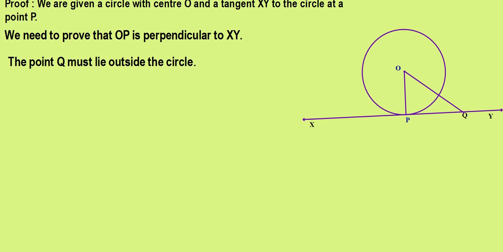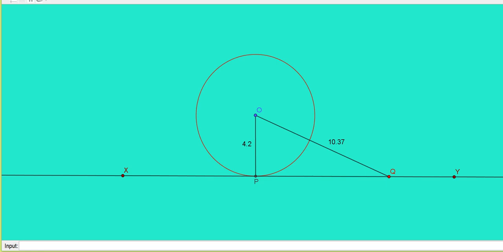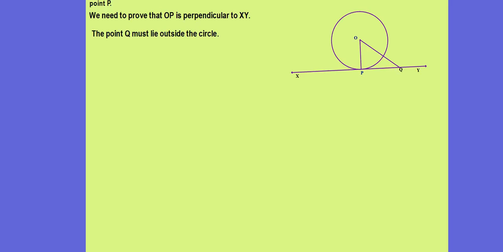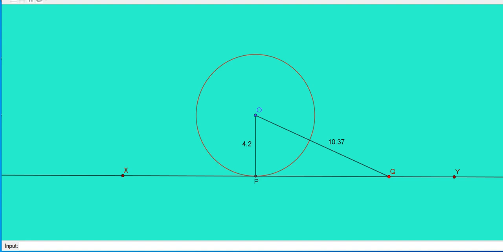Now, what about the length of OQ? Here, you can see the radius is less than OQ, or you can say OQ is greater than OP.